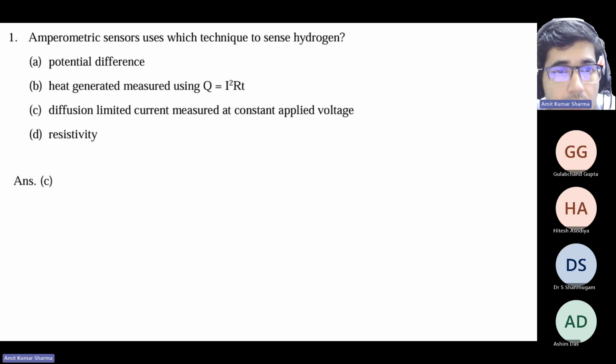So due to this, for safety purposes, we need to have very good hydrogen sensors that can sense the hydrogen.